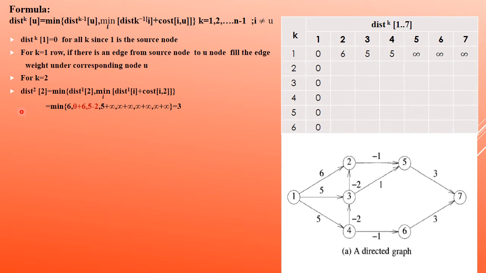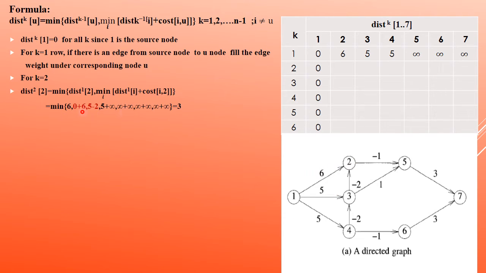Let's see how to find distance 2 of u. I am going to consider u as the node 2. So distance 2 of 2 equals the minimum of distance 1 of 2, that is the previous distance 6, and the new distances. Let's see how to find these. I am going to consider i as 1, 3, 4, 5, 6 and 7. When i is 1, is there an edge from 1 to 2?